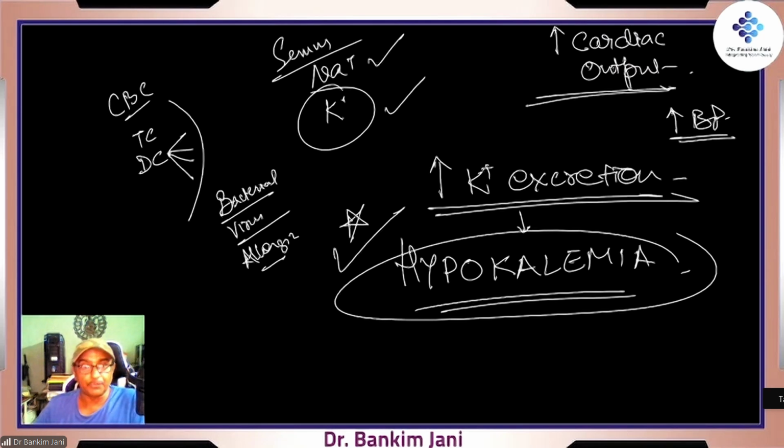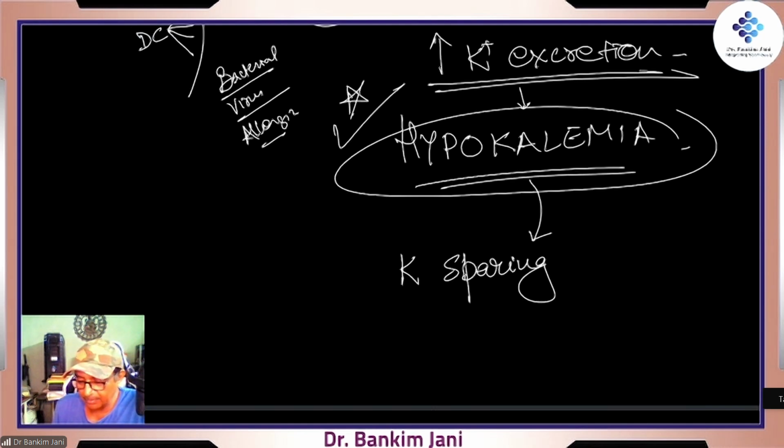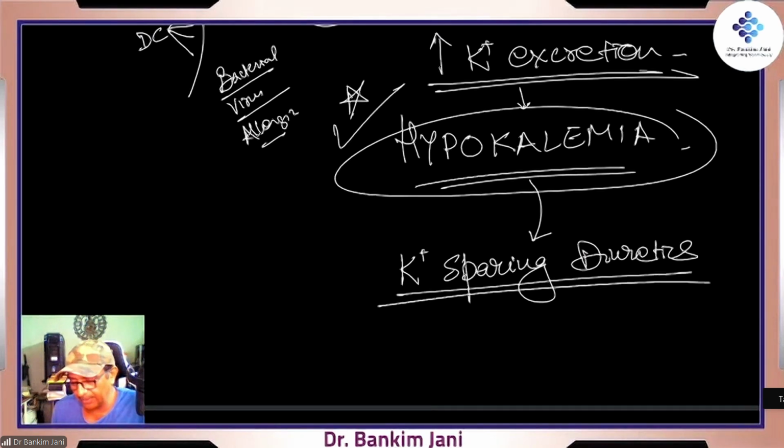Now, if you want to take care of it, you have to give such medicine which should not allow the potassium to be excreted. And that is what is called potassium sparing diuretics.